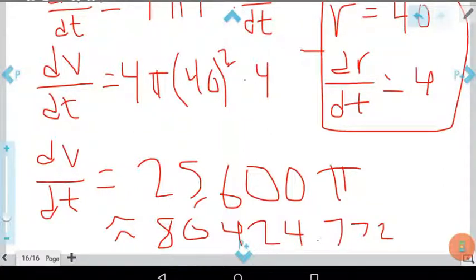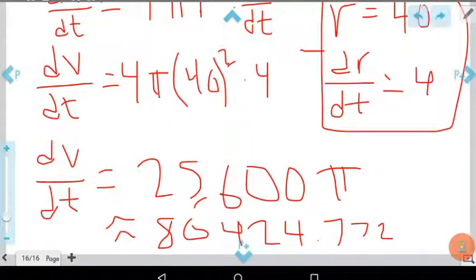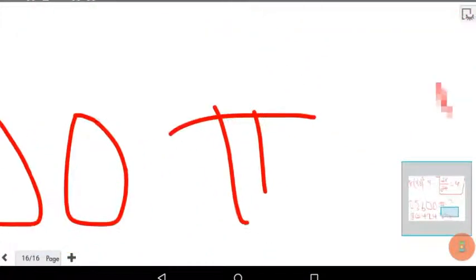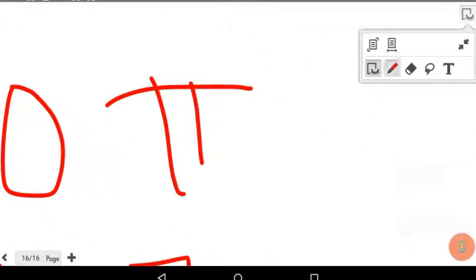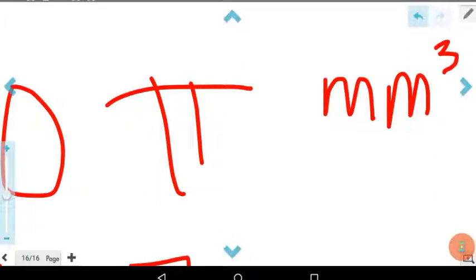That's just going to be millimeters cubed per second, because the unit that we were using to measure our distance was millimeters, and our unit to measure time was seconds. Volume is a three-dimensional measurement, right? So we're going to need millimeters cubed to measure our volume.